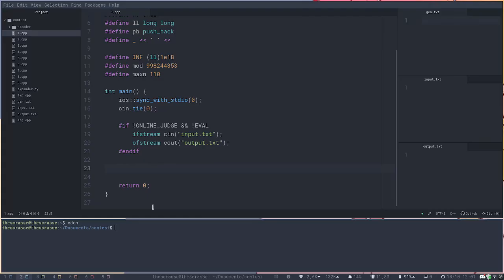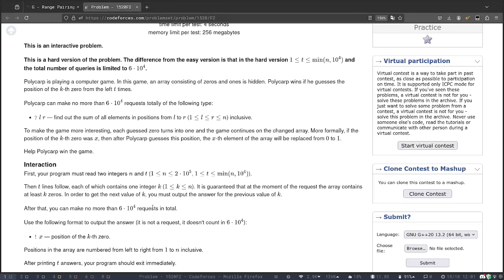So yeah, you have a game, which is you have a hidden array. This problem is interactive. You have a hidden array, and the computer asks you to find the kth 0. He asks you several times, and in the meanwhile, you can ask sums in some subarrays.